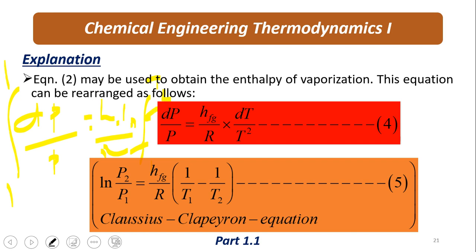So from this we get ln of P2 divided by P1, because the integration of 1 over P dP gives ln P, equals HFG over R times the bracket 1 over T1 minus 1 over T2. This equation is considered as the Clapeyron equation.